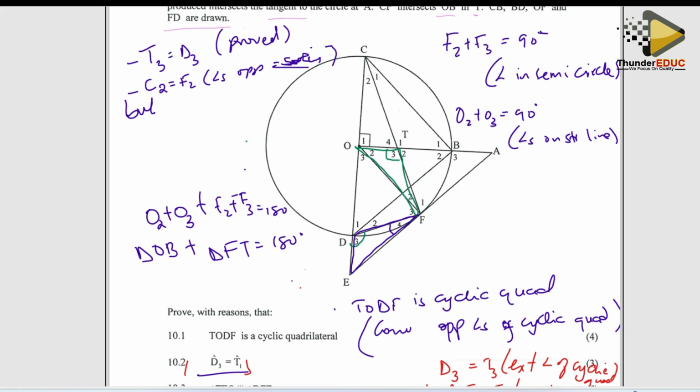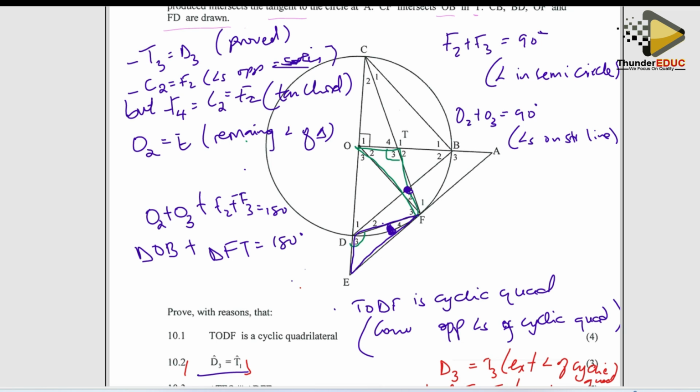But F4 is the same as C2, which is going to be the same as F2. So saying this angle here is the same as this angle, which means that the other one must be the same as E. The reason would be the tangent-chord theorem.